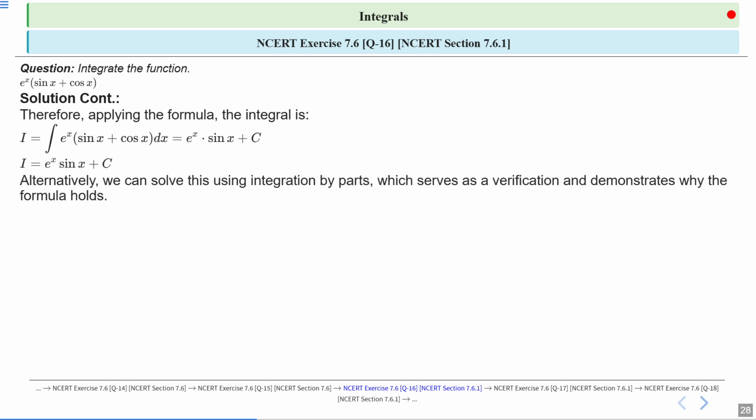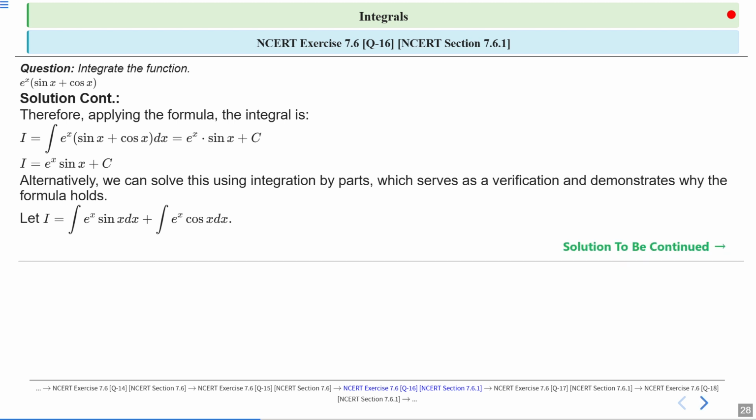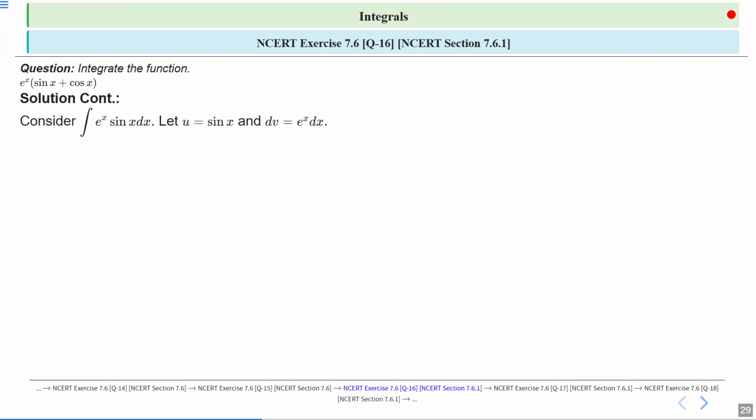Also, we can solve this problem by the by parts method. At first, we have to separate it so that we get integration of e^x sin x dx plus integration of e^x cos x dx. Now we have to apply the integration by parts formula in both terms. So when we integrate e^x sin x, we have to check which function we have to take as u and which function as dv.